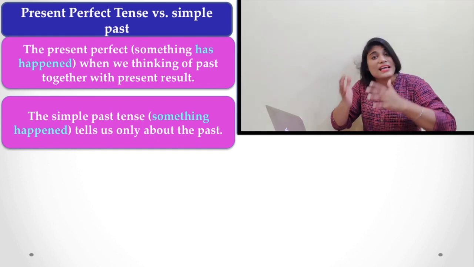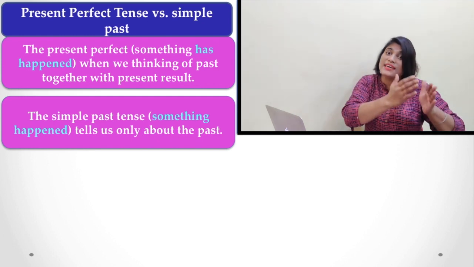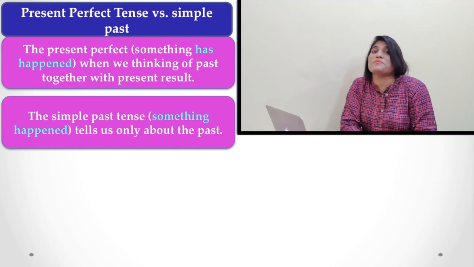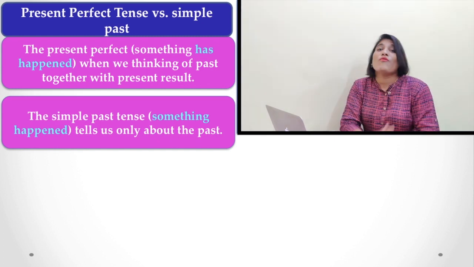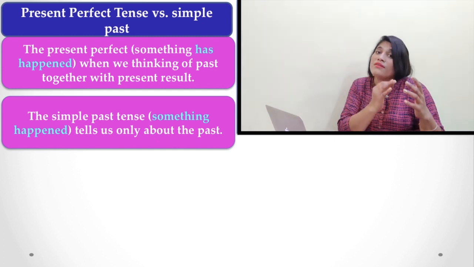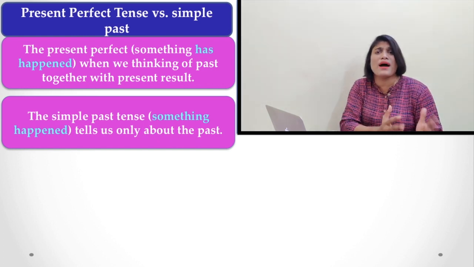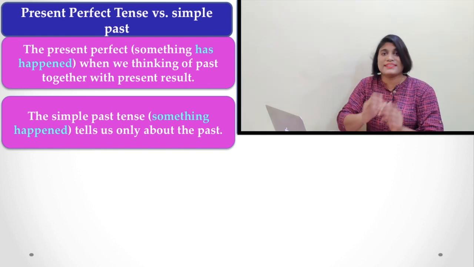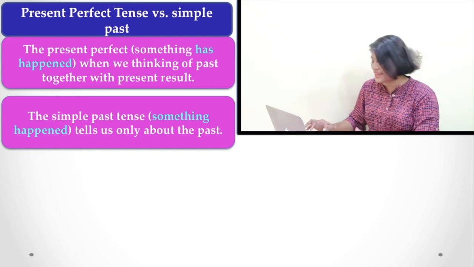When you are emphasizing effect, that is, you are thinking of past together with present, you have to use simple present perfect tense. But while you are thinking only about past, that is the cause, you have to use simple past tense. Let's see the example again.